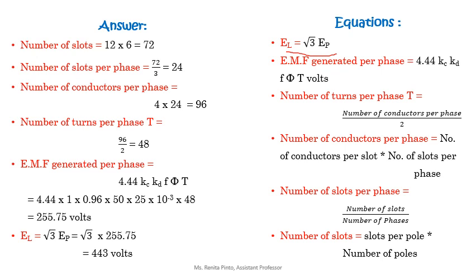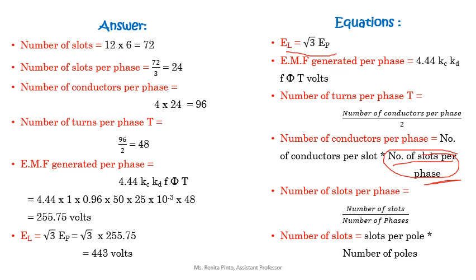So first find out number of conductors per phase, equal to number of conductors per slot into number of slots per phase. Now again, number of slots per phase is not given in your question, so before substituting in this formula, you will have to find this out first. Number of slots per phase is given by number of slots by number of phases.